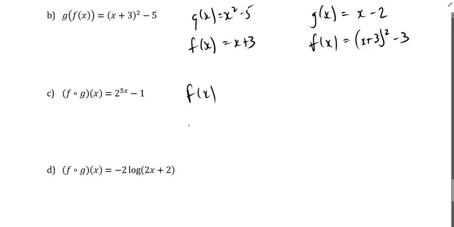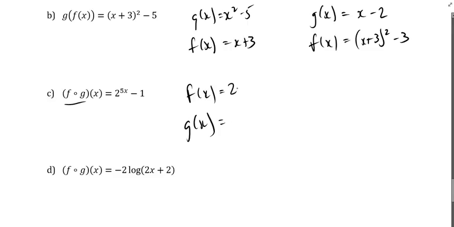So you have to think about the order that it's given: f circle g or g circle f. And I think it's a really nice challenge for the thinking involved. You come up with an easy one. Everybody's going to come up with this one.